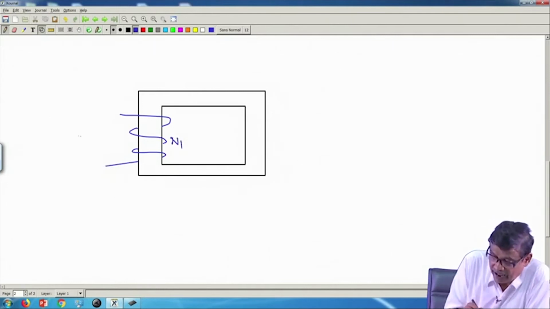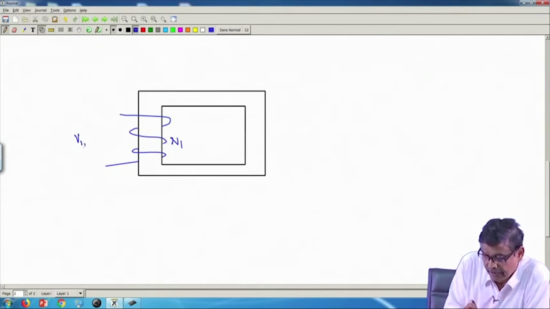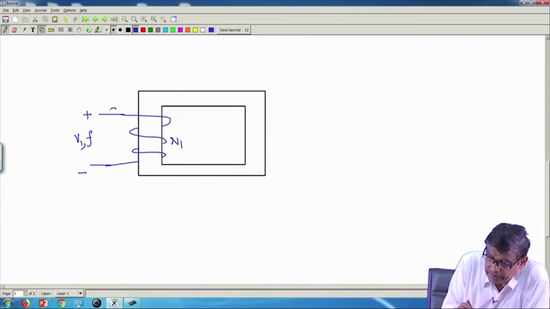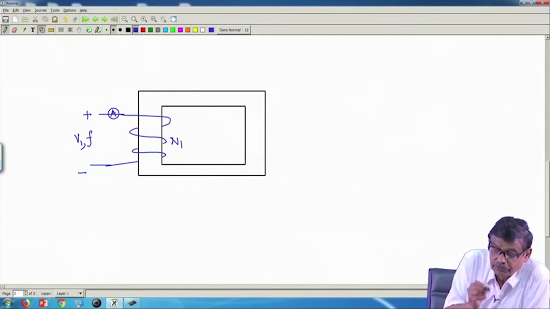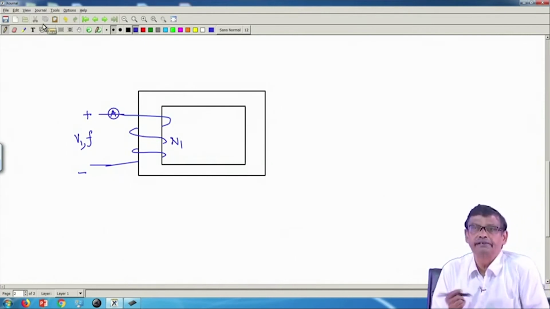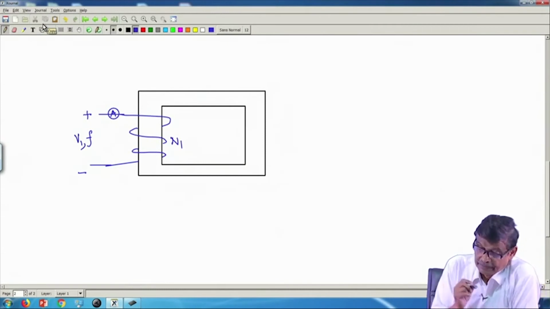Now I apply an AC voltage with RMS value V1 and frequency f to these two points, with this side plus and this side minus, and I connect an ammeter here. I am asking you what the reading of this ammeter will be.